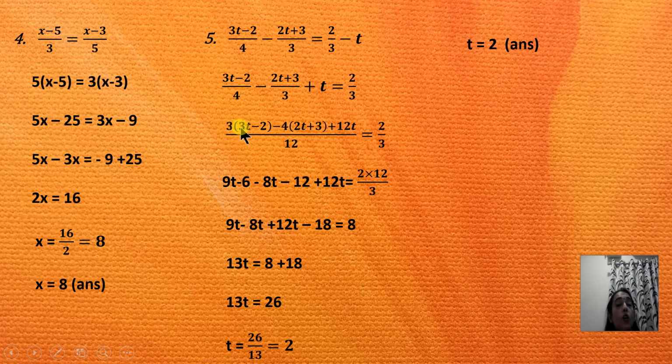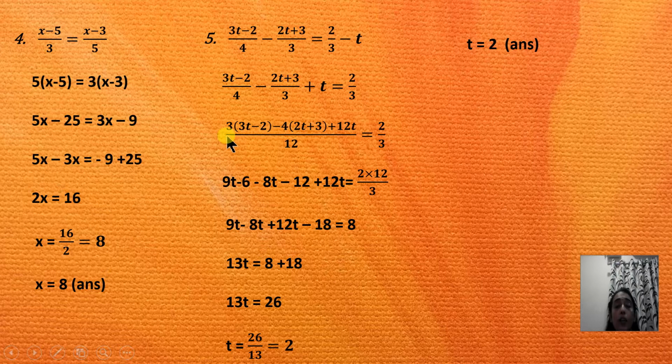Children, don't forget to multiply with minus 2 too. Is it clear? Sometimes some children only multiply with 3t. They don't multiply with the other number in the bracket. Don't do that. Multiply with both.